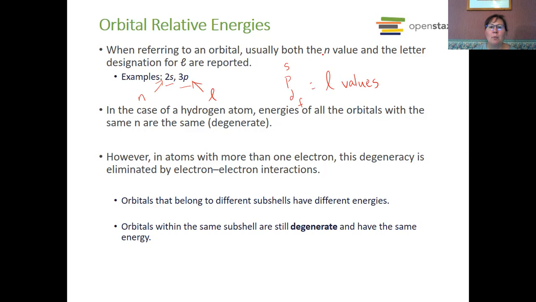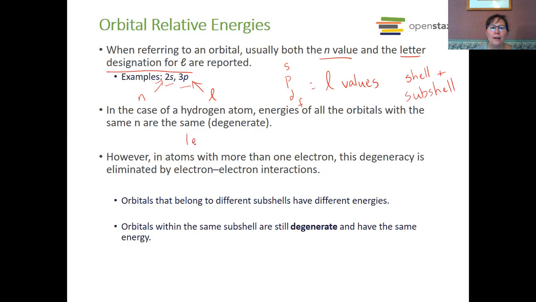So we're always showing both the n value and the letter designation for L. And that tells us pretty close where we're at. It gives us our shell and our subshell. And I could even write that in. This is shell plus subshell.